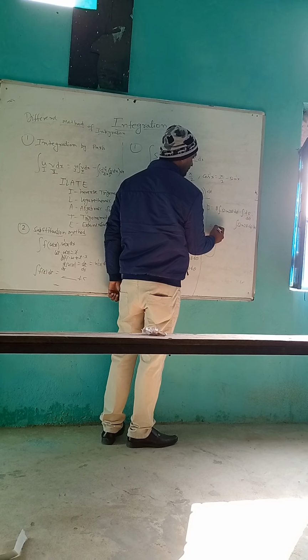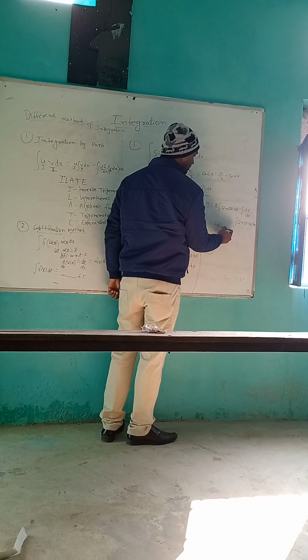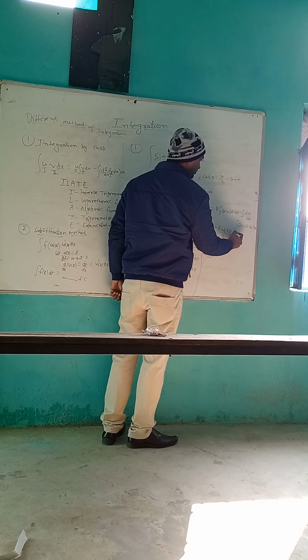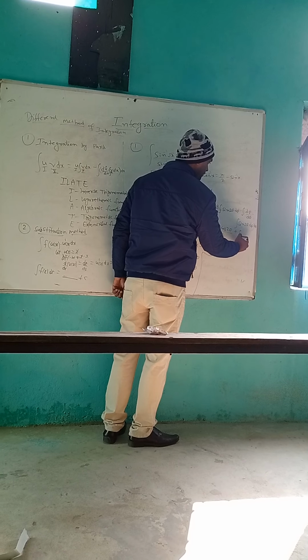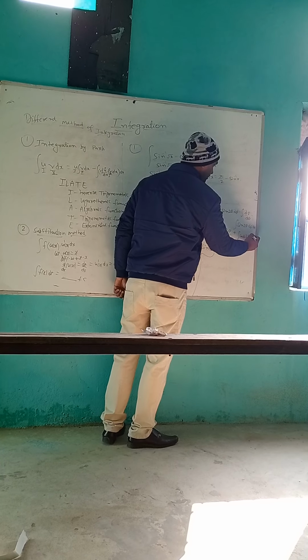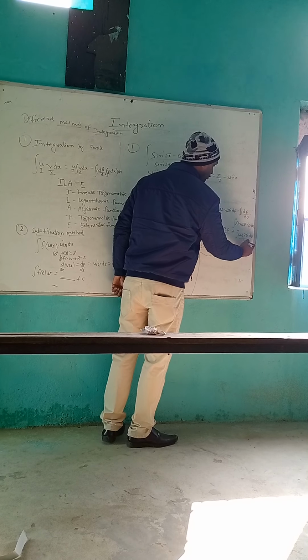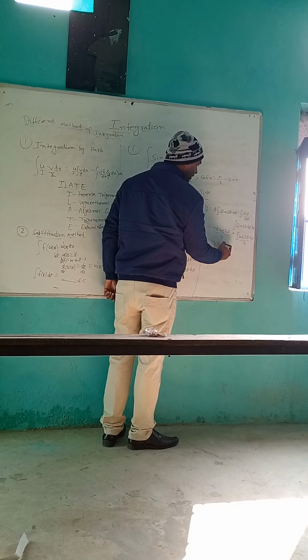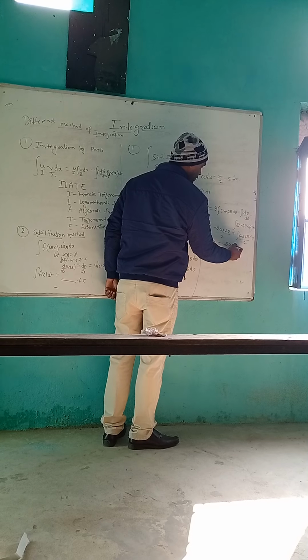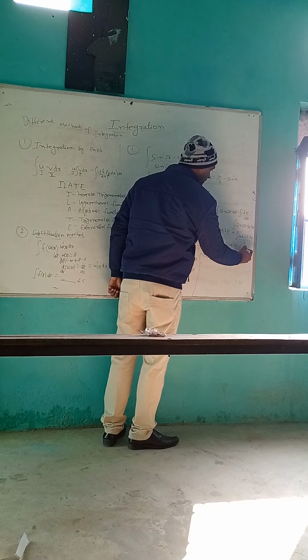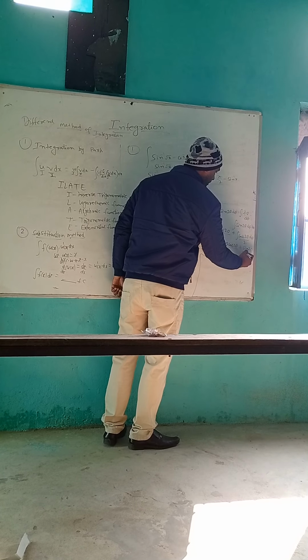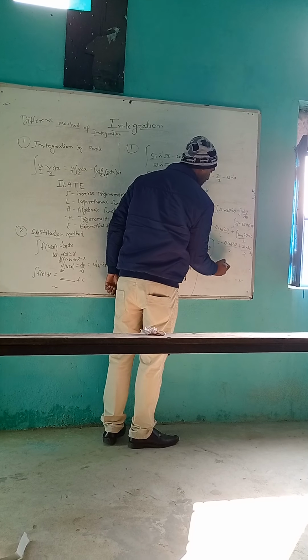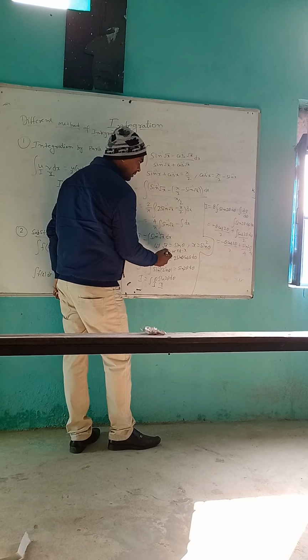So we can write minus theta cos 2 theta by 2, plus the integral of cos 2 theta d theta by 2. So overall we can write minus theta cos 2 theta by 2 plus sin 2 theta by 4 plus c. Then from here we can substitute the values.